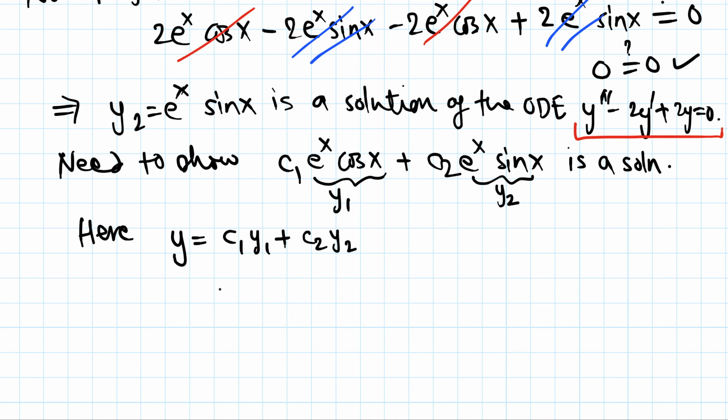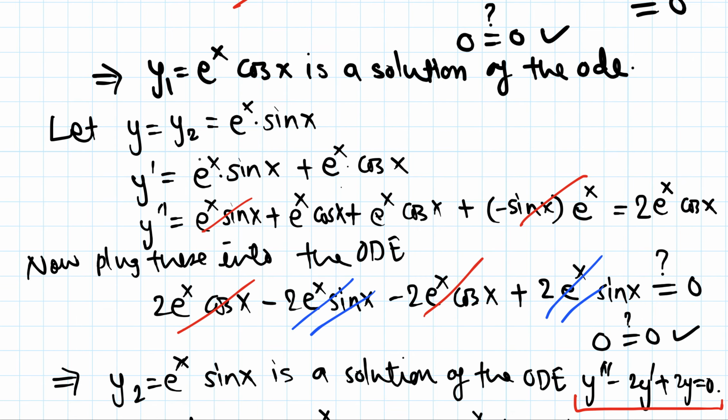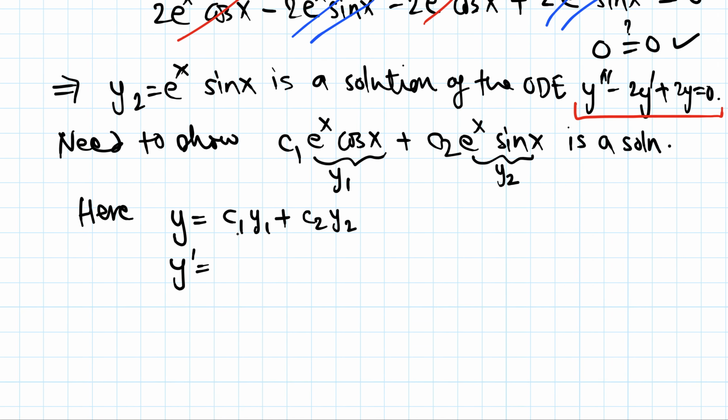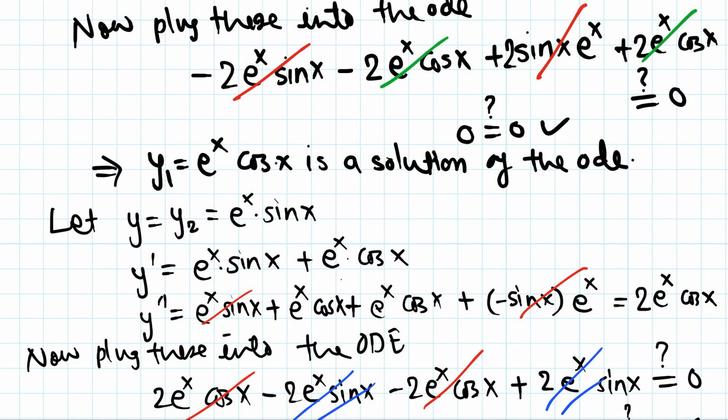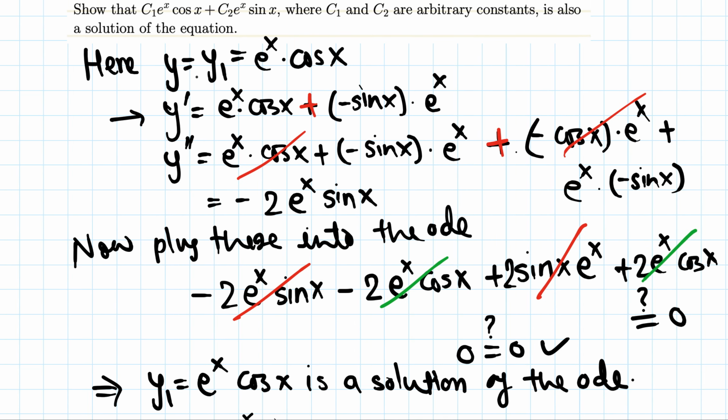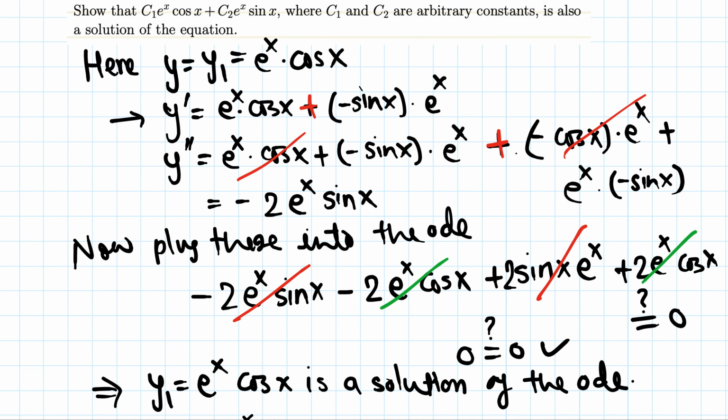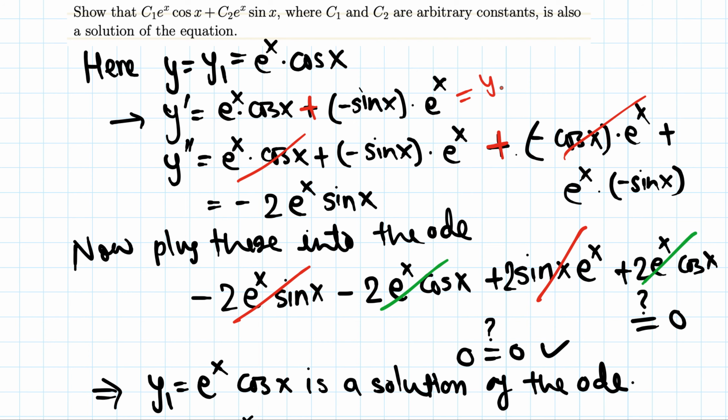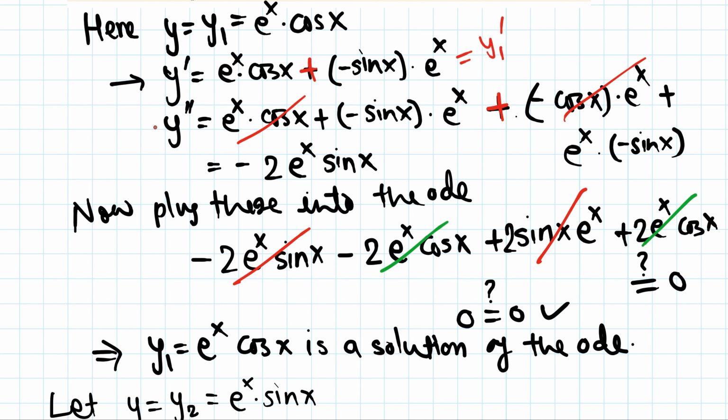Okay, this is y. Now we need to find y prime. Now it will be the same like previous two cases. Okay, find y prime, and here c1 is a constant, so y1 prime plus c2 is constant y2 prime. We can go back and write down the values of y1 prime. I mean, this is y1 prime here, and this one is in fact y1 double prime, right?